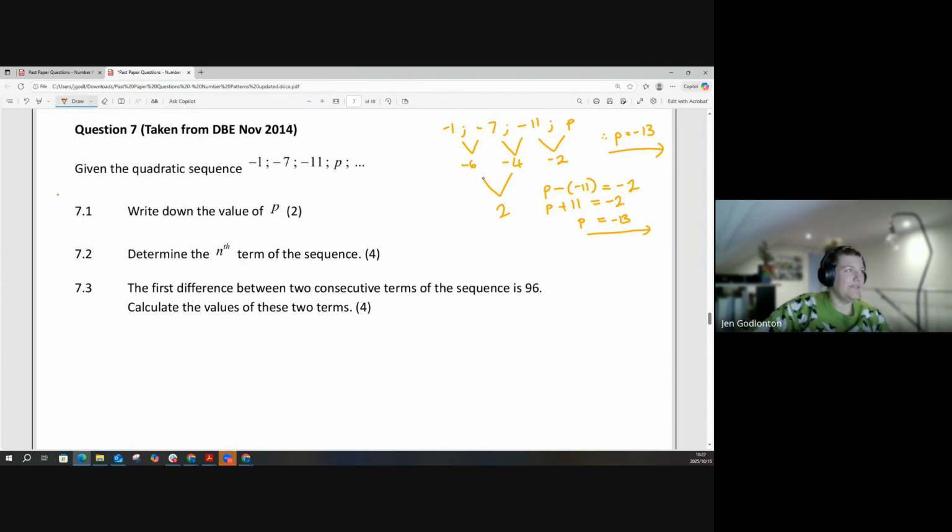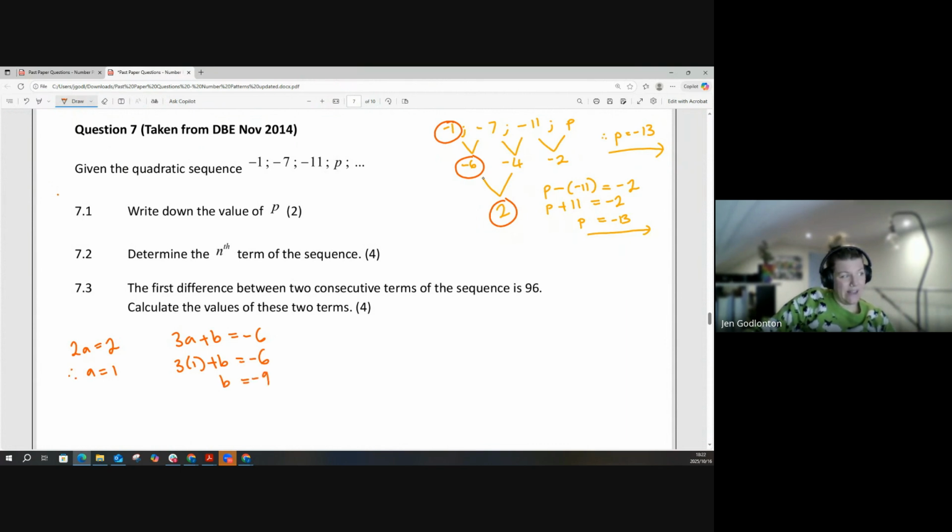Okay, so for 7.2, these are the values we care about. So we're going to say 2a is equal to 2. Therefore, a is equal to 1. 3a plus b is equal to negative 6. So 3 times 1 plus b equals negative 6, which means b is equal to negative 9.